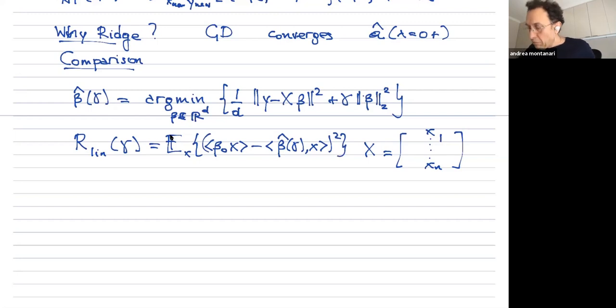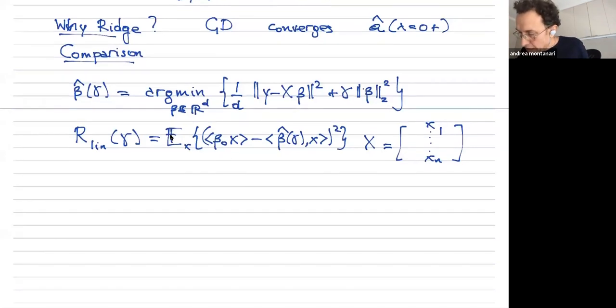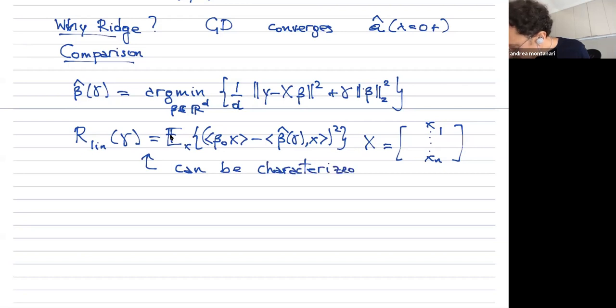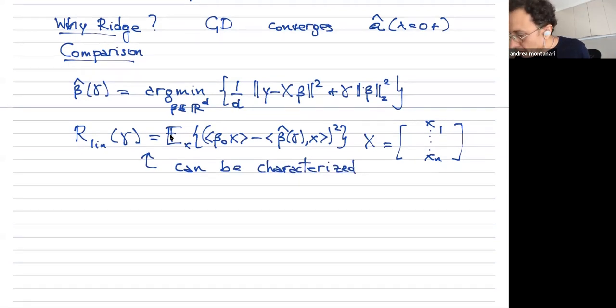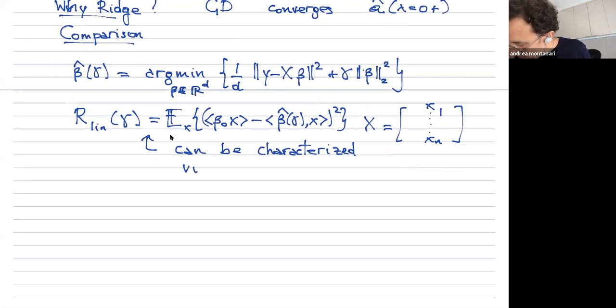Now, this is an object that in this model is quite easy to study. In particular, you can compute its asymptotics using really simple random matrix theory.